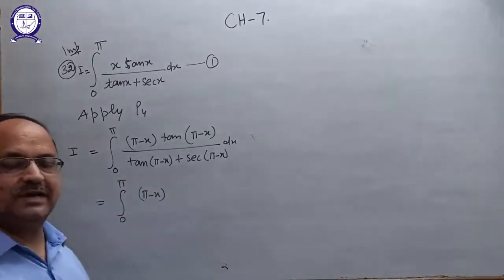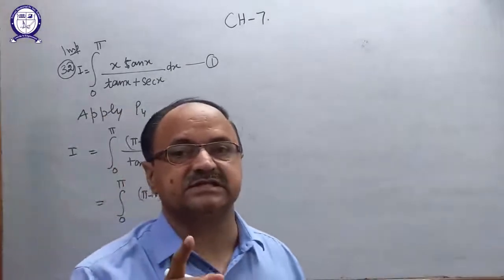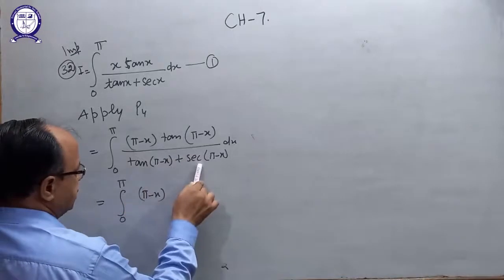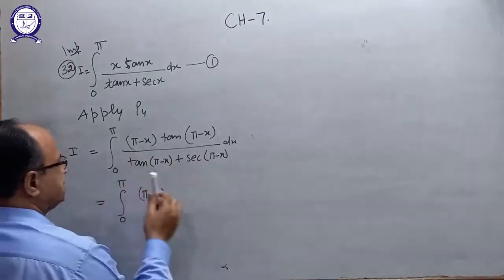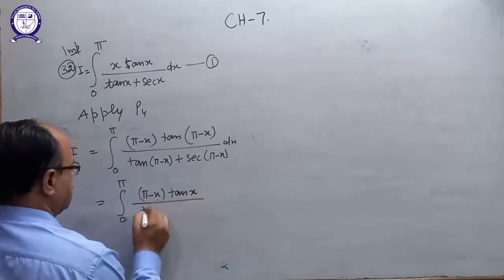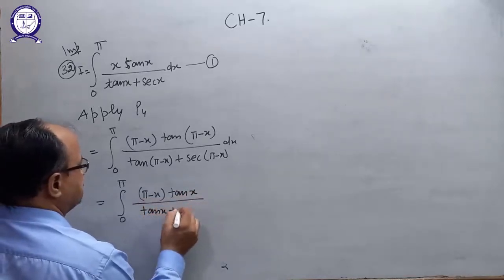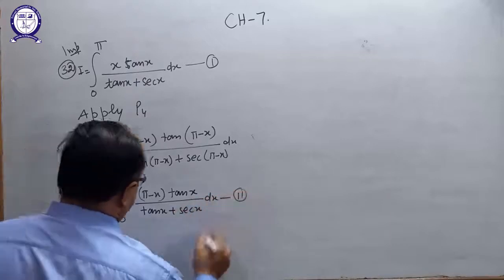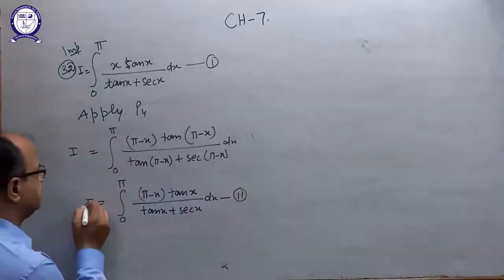You know, tan(pi minus x) is minus tan x, and sec(pi minus x) is minus sec x. Taking minus common, the minus will be cancelled. That is the second equation.